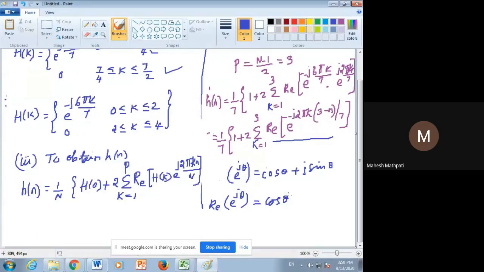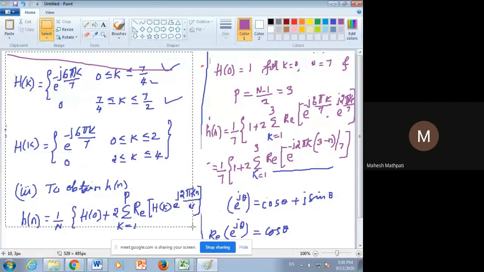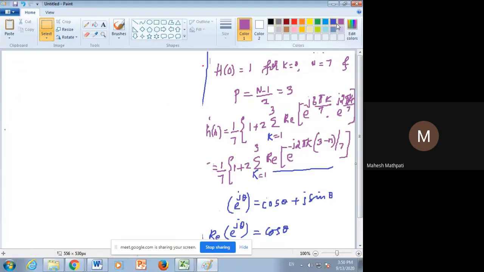Then by looking at this part, we can write the above equation as... now you tell me what we can write there. h of n is equals to, what we can write? h of n is equals to 1 by 7, 1 plus 2 summation k equals to 1 to 3.